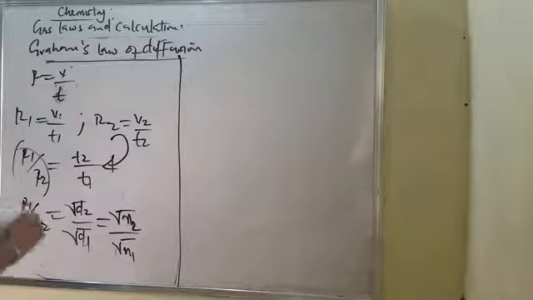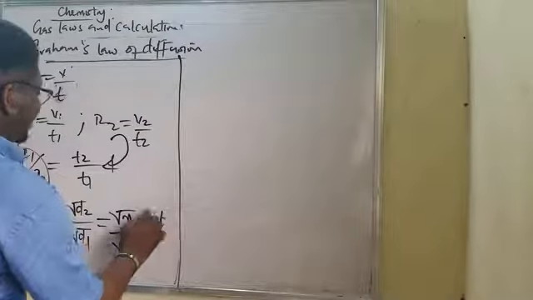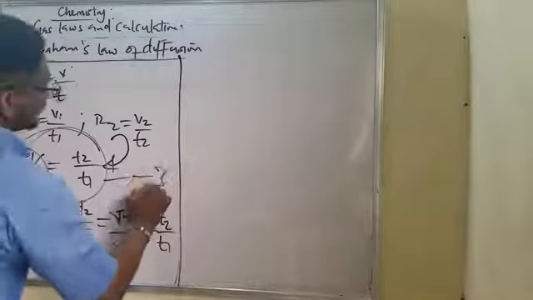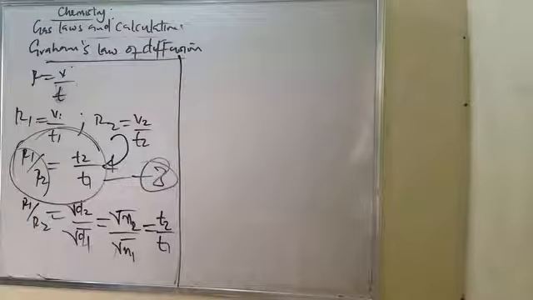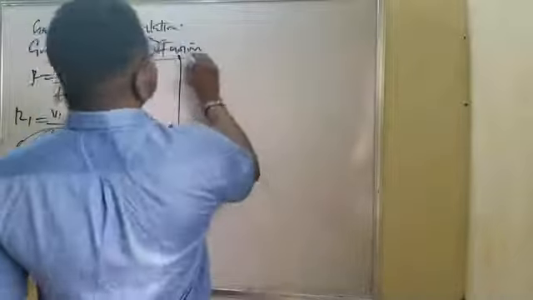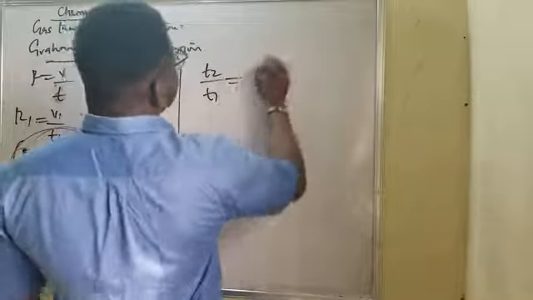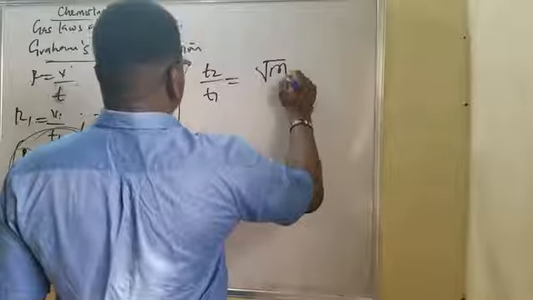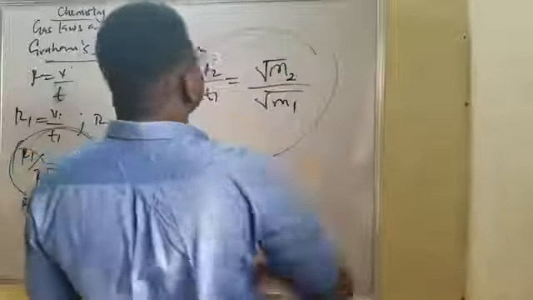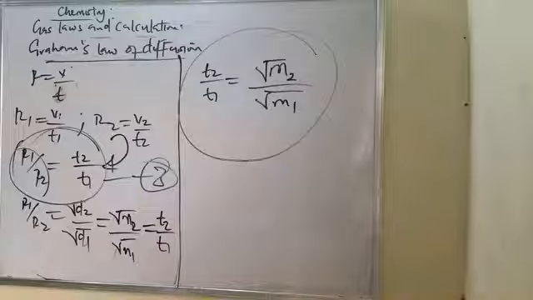This R1 over R2 is also equal to T2 over T1. So this is the third formula that we can get using Graham's law. I can say that T2 over T1 is equal to the square root of the molar mass of 2 over the molar mass of 1. This is another formula under Graham's law of diffusion.